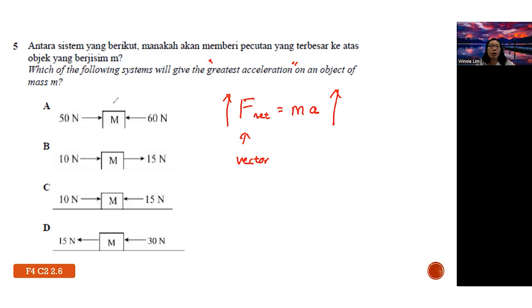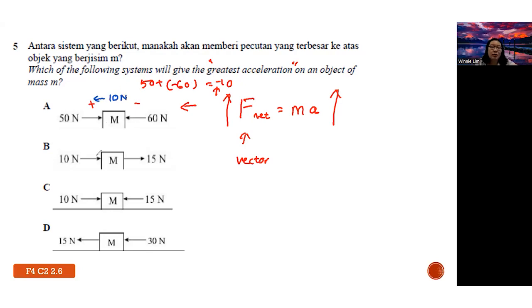So for A, what is the net force? Because they are in opposite directions, you can assume this direction is positive and this is negative. So you will get 50 plus negative 60, which is negative 10. This negative also means to the left. This is the idea of how you calculate the resultant force. So for A, your resultant force is 10 Newton in this direction. How about B?